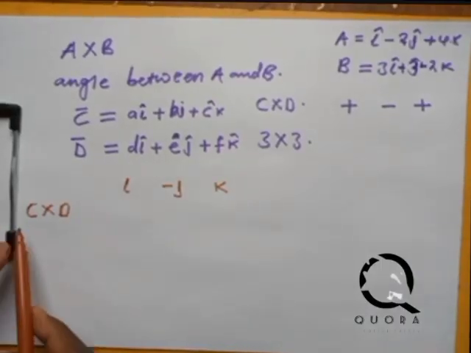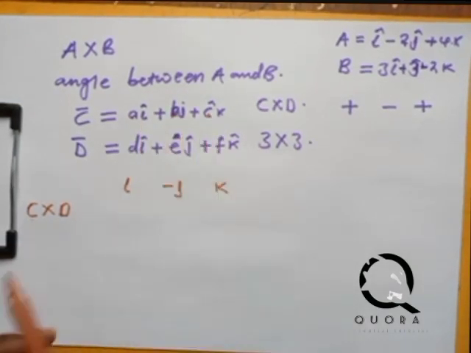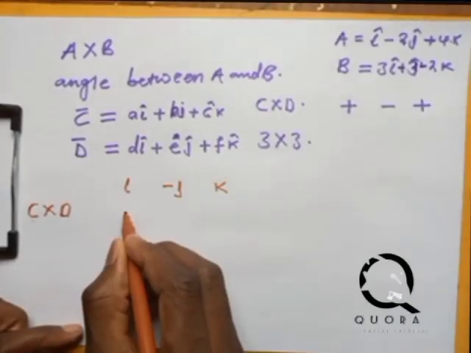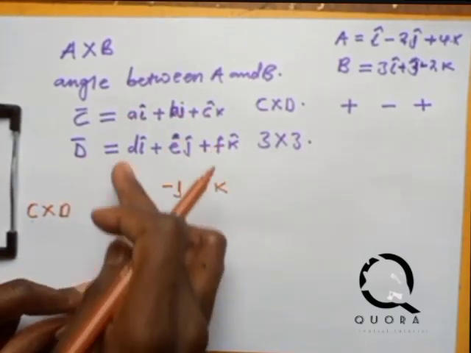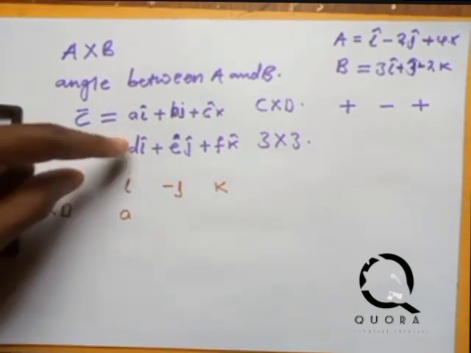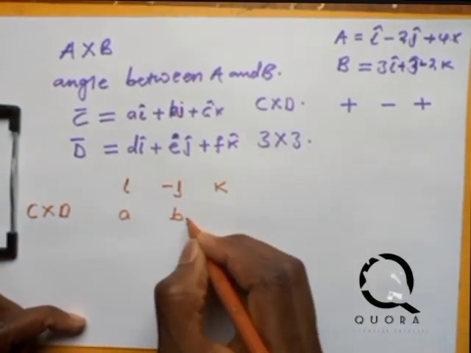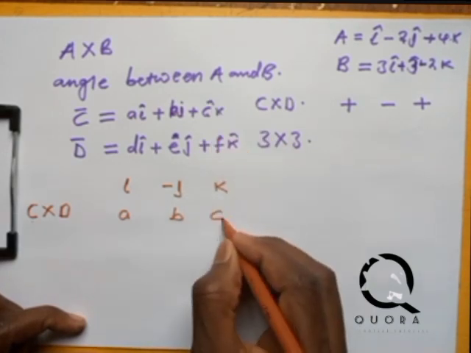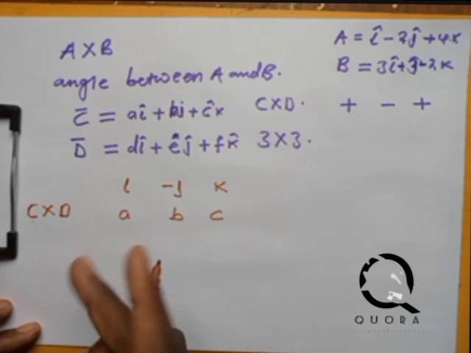Meaning that if I start with C, I'll get the coefficients for every component here by writing them in the middle. I'll say A, straight with the component of that same vector. Then the middle part, I'll say B. The last part, I'll say C. Okay. I'll come to the last part now.